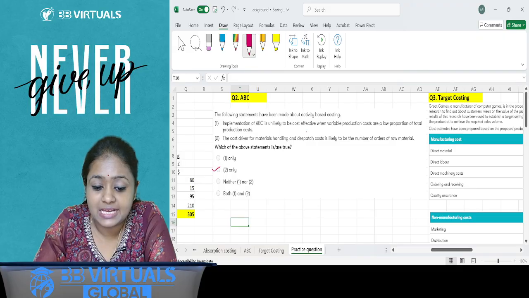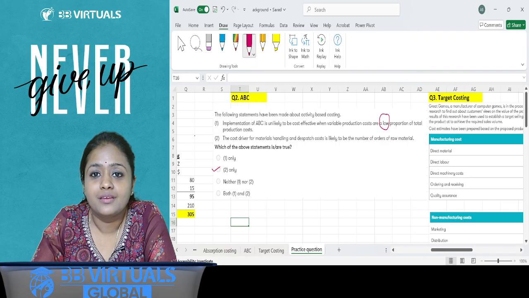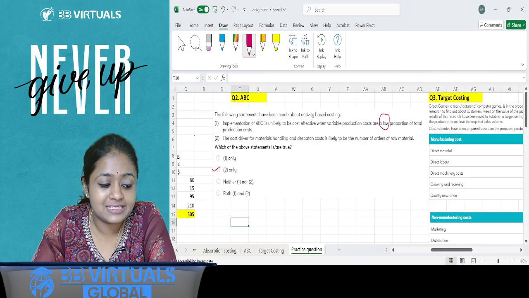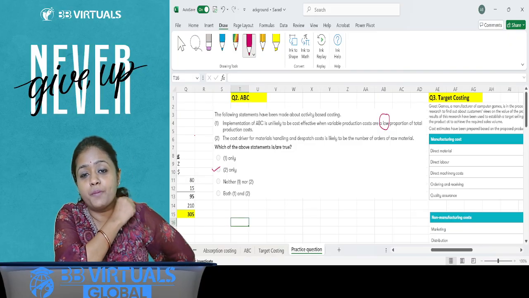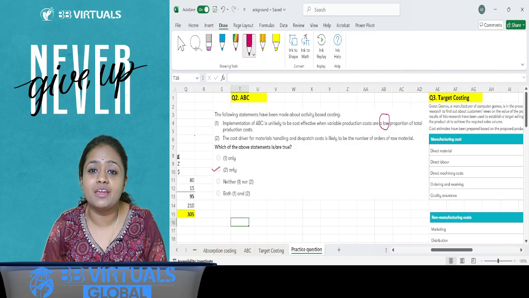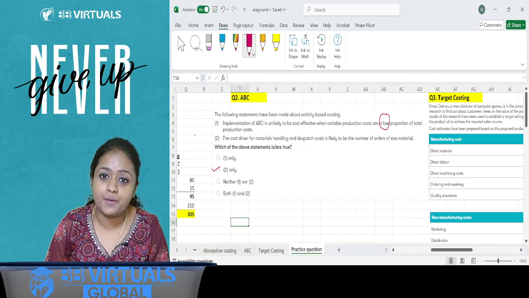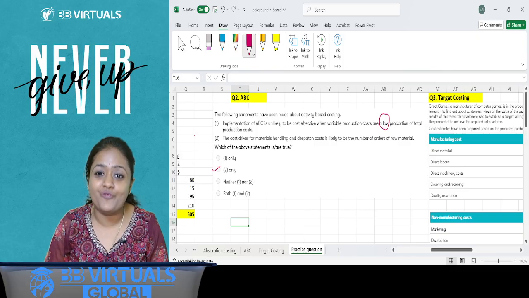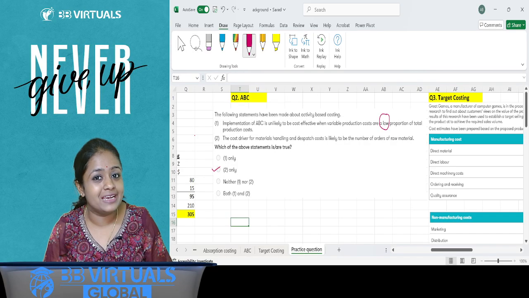Implementation of ABC is unlikely to be cost effective if variable production costs are a low proportion. The statement itself is very wrong. Because if variable production cost is a low proportion, that means my overheads are a high proportion. So of course, when your overheads are a high proportion, you would need more of ABC to make it more cost effective. So statement 1 is completely wrong.